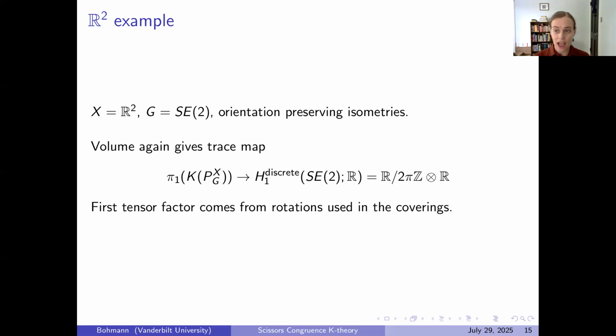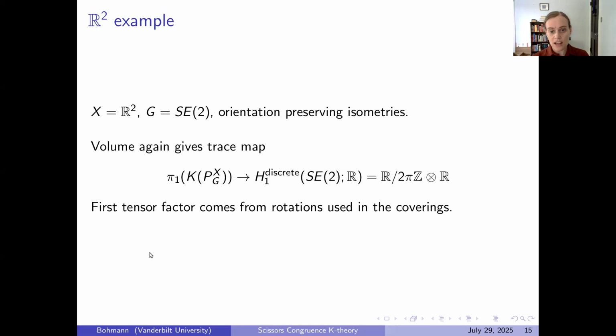So again, we have volume, which is giving us a trace map from pi1 of the K-theory spectrum to the group homology of this group of orientation preserving isometries of two-dimensional Euclidean space made discrete with coefficients in R. And you can calculate that this group homology is R mod 2 pi Z tensor with R, and this tensor is over Z as I've written it.